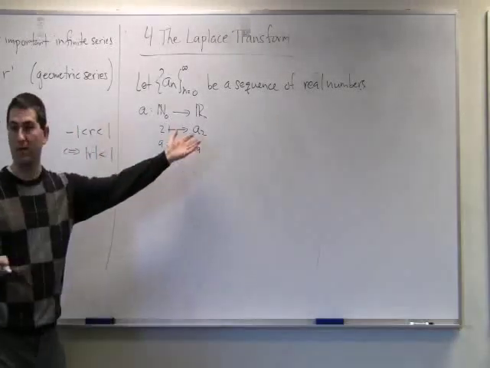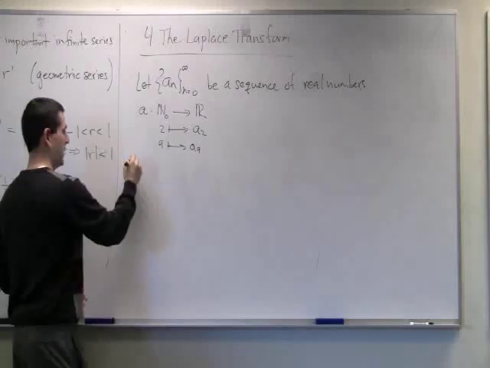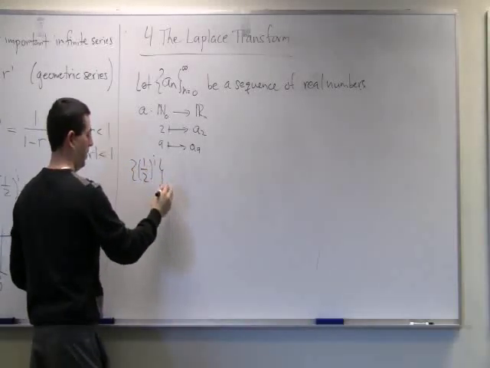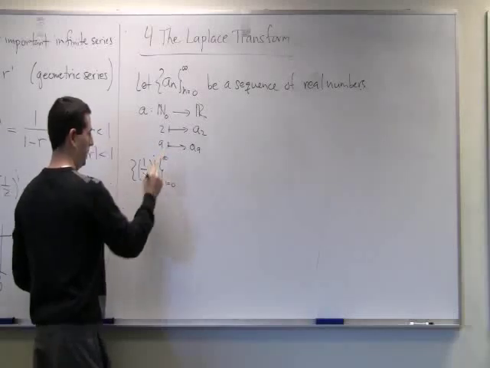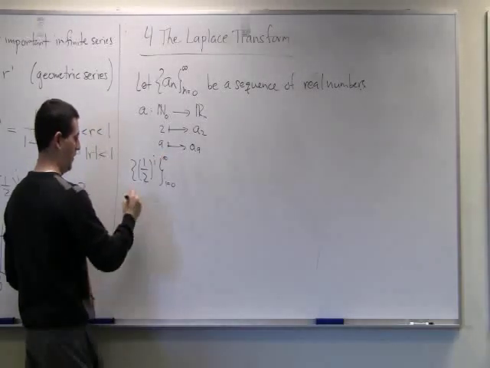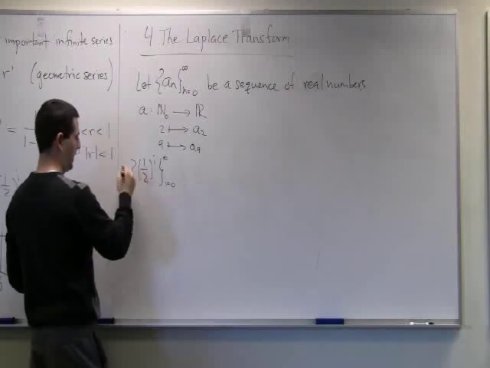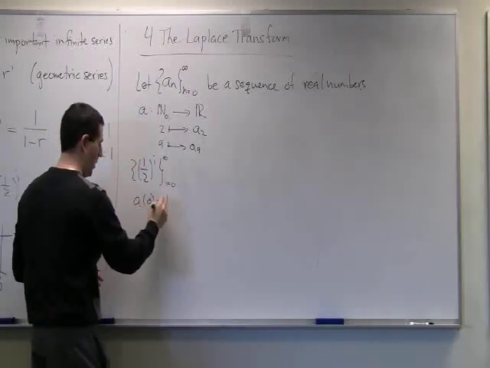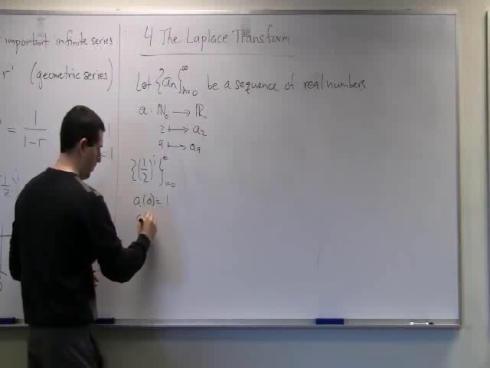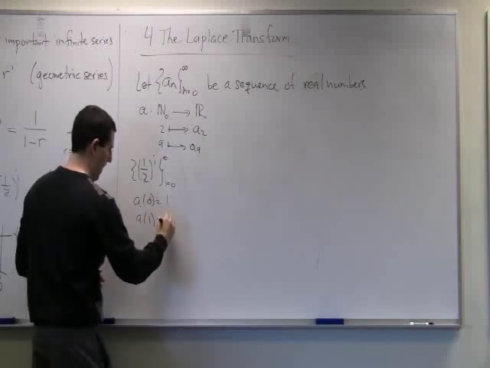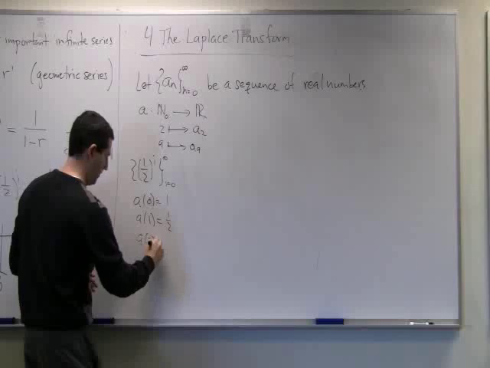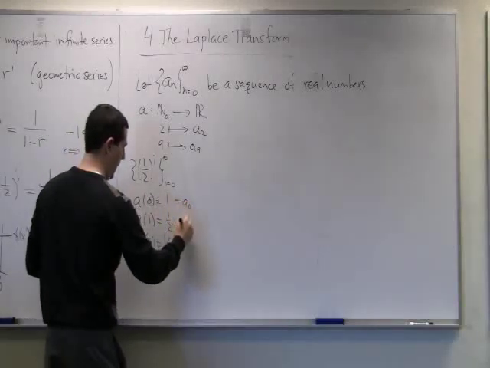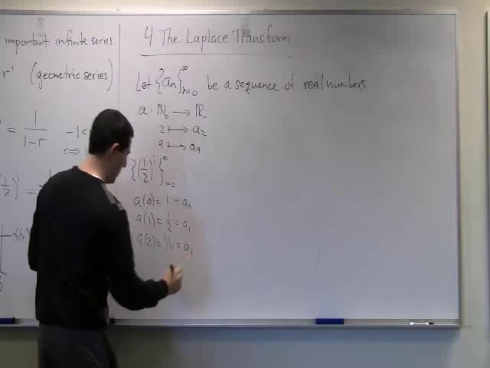So for instance, if my sequence is (1/2)^i, i equals 0 to infinity, then A of 0 is 1, A of 1 is 1/2, and A of 2 is 1/4, and so forth. And I could write this as A sub 0, A sub 1, and A sub 2.